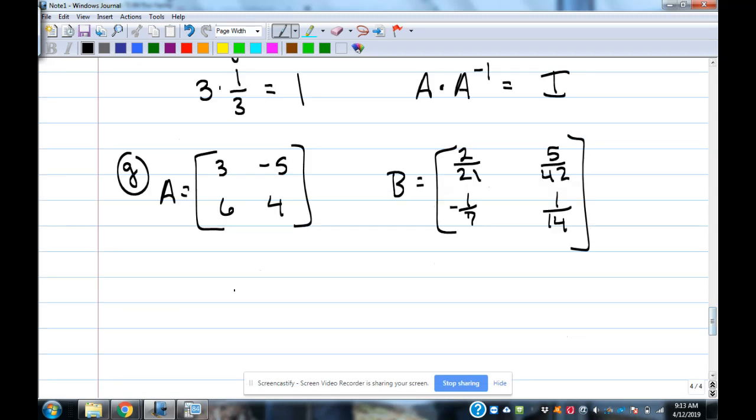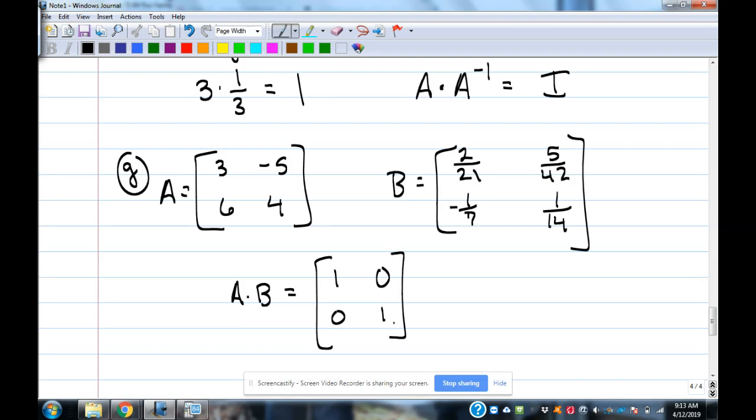What you would do is you would multiply A times B. And because we already know that those are inverses of each other, because we found that matrix B, when I do that multiplication, then I would get back the identity matrix of the same size.